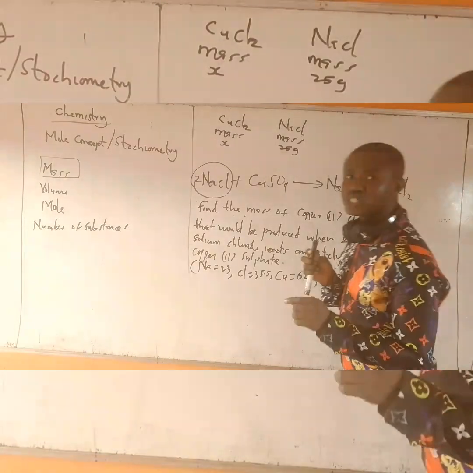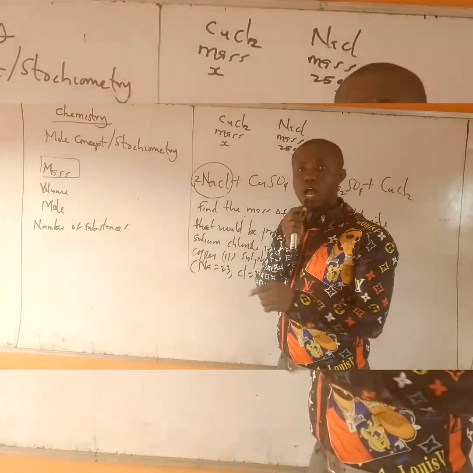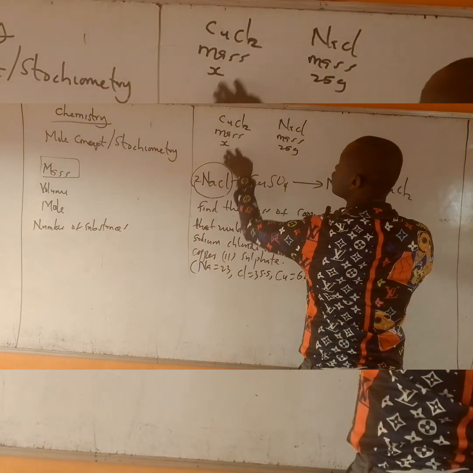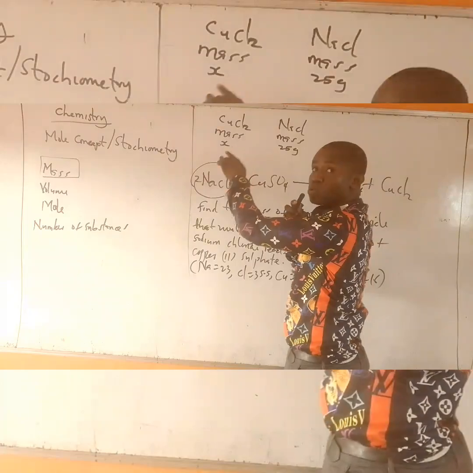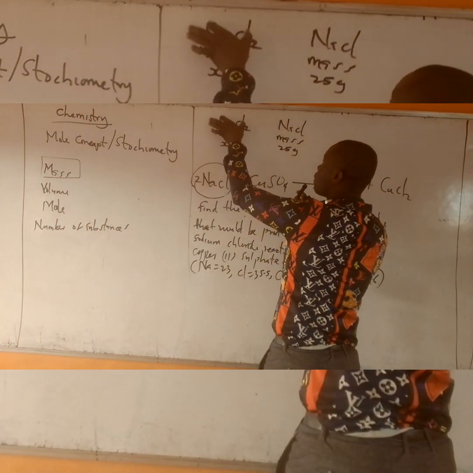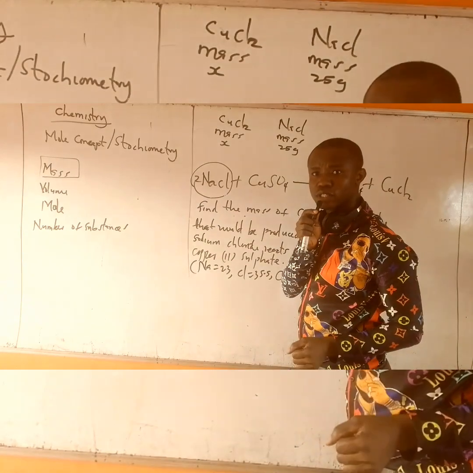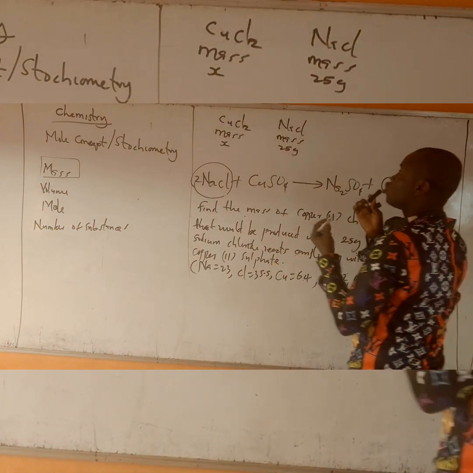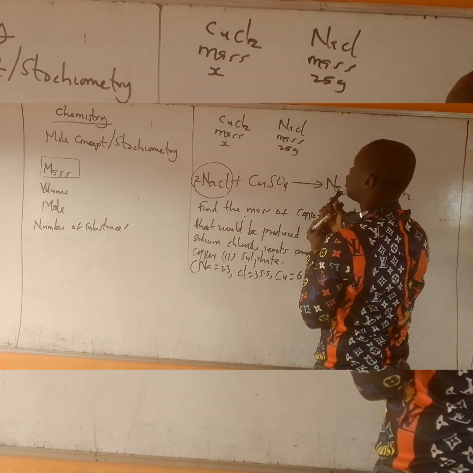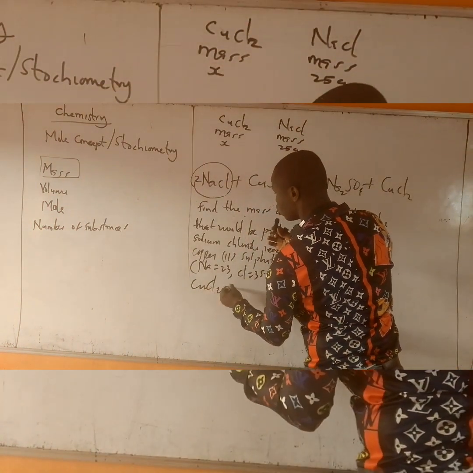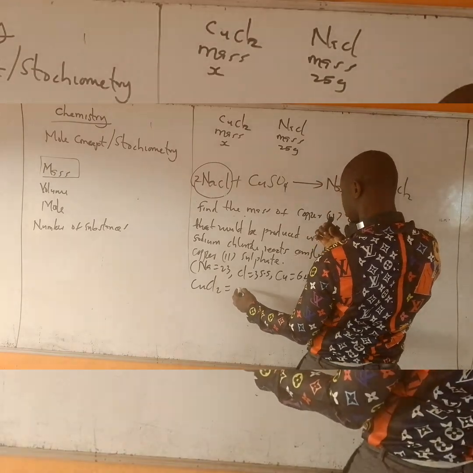So you now check according to the equation. Since we are having CuCl2 and we are considering mass, we are going to check according to the equation what is the mass of CuCl2. Are you following? Do you understand? So we just put CuCl2. Cu is 64, right?